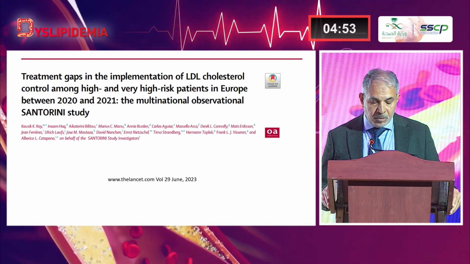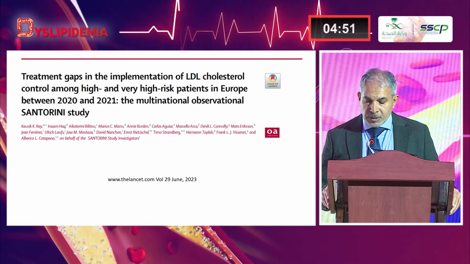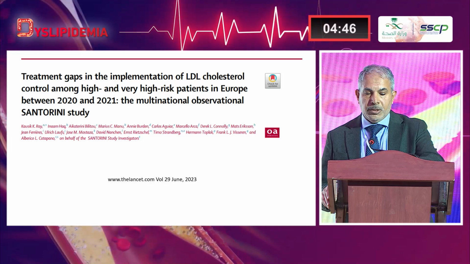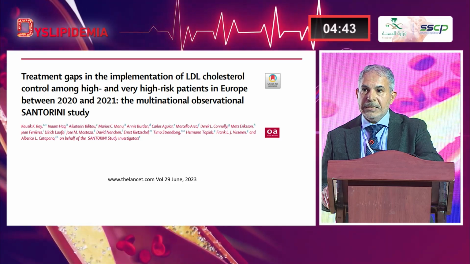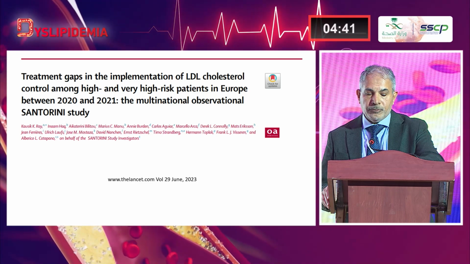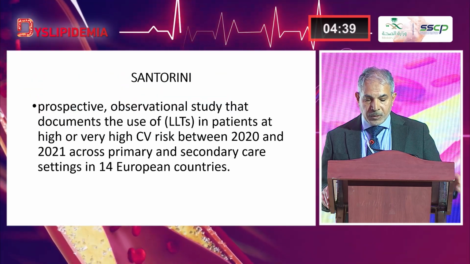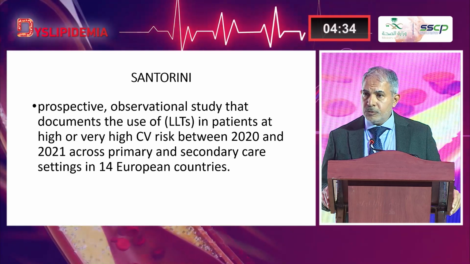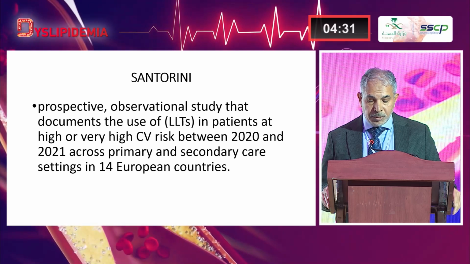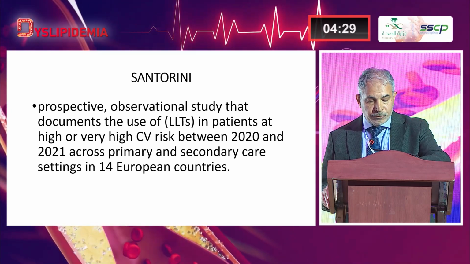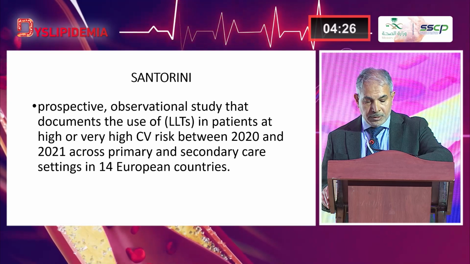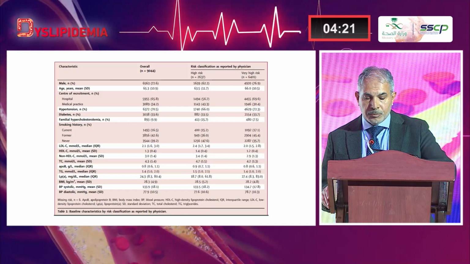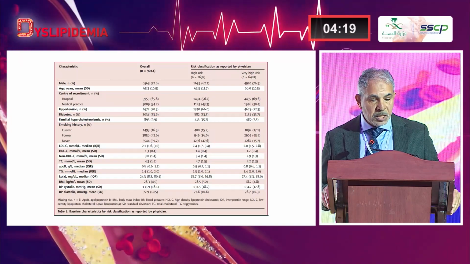More importantly, this is a publication that just appeared online. It's to be published in The Lancet in June. This is the Santorini study. This is an important piece of publication indicating current control of lipid targets, with a prospective observational study that documented the use of lipid-lowering therapy in patients who are high or very high risk in primary and secondary care settings in European countries, included around 9,000 patients.